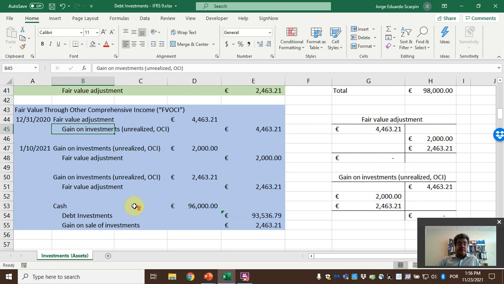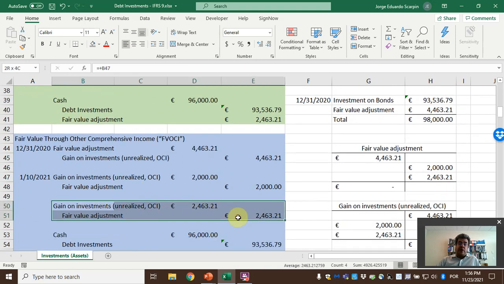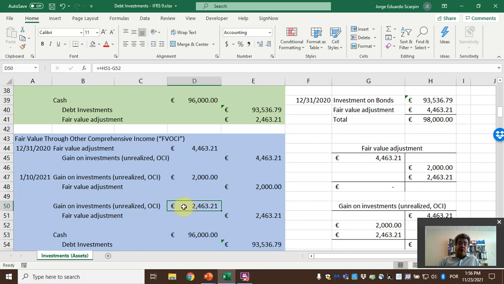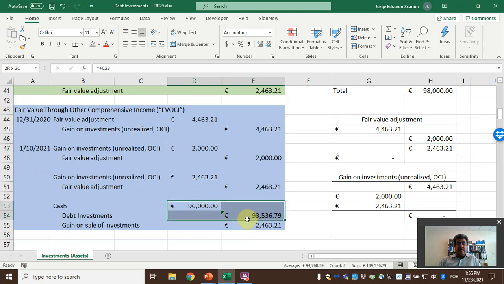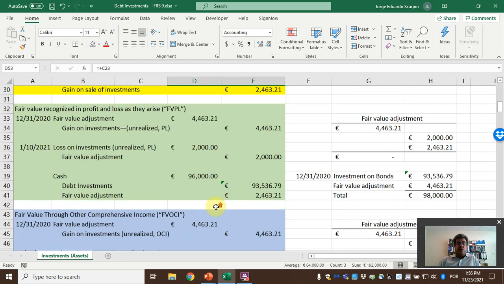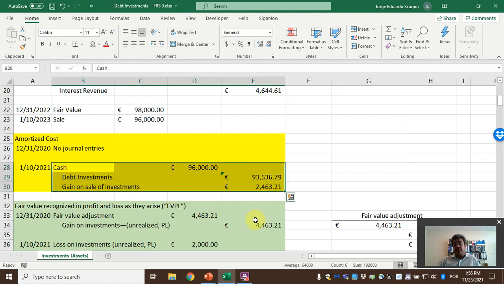However, the last one, we do two journal entries. So we do the first one, gain on investments. Here, because we are closing this gain on other comprehensive income, fair value adjustment, we are closing it. And then the gain on sale will be just like the gain on sale on the amortized cost.